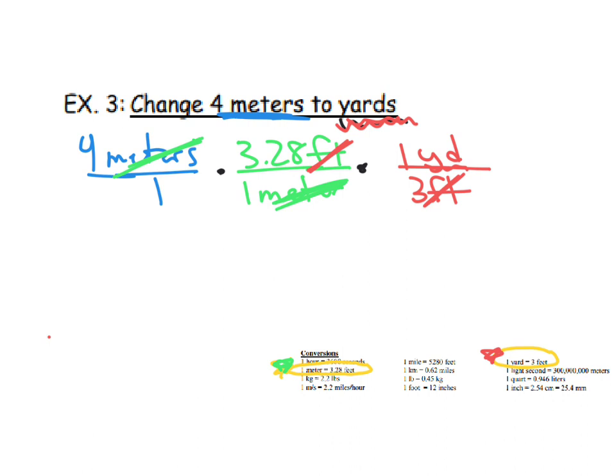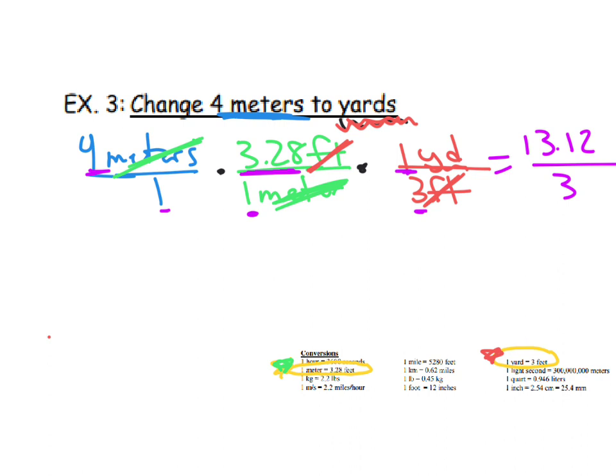We're going to look at our top, and we're going to multiply 4 times 3.28 times 1, which is going to give us 13.12. And then we'll multiply the bottom, 1 times 3, which is 3.